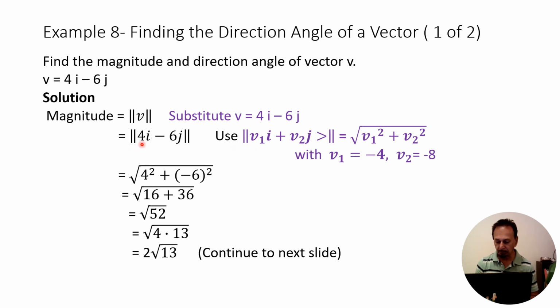You just square each component without the unit vectors, so this becomes the square root of 4 squared plus the square of negative 6. So 4 squared is 16, and this is 36, and the total is 52. It becomes the square root of 52, and we can break it down to 4 times 13. The square root of 4 is 2, and the square root of 13.